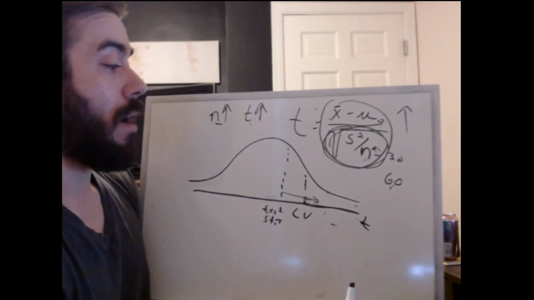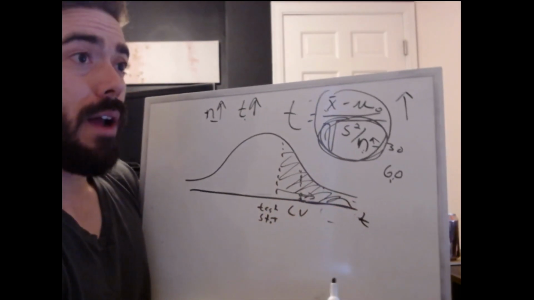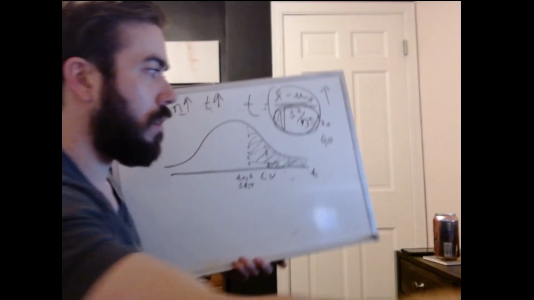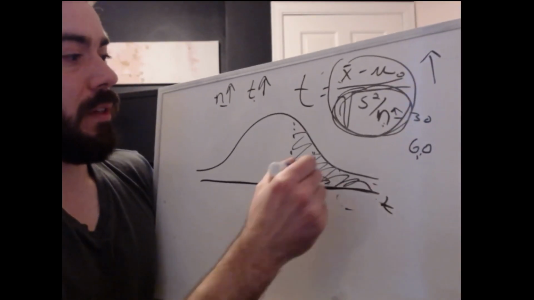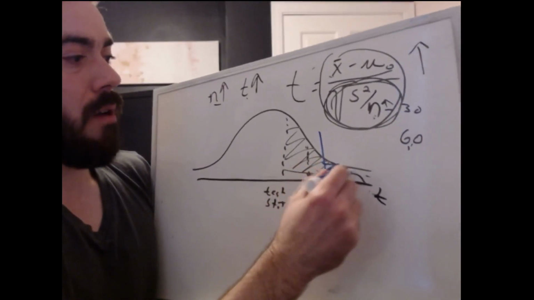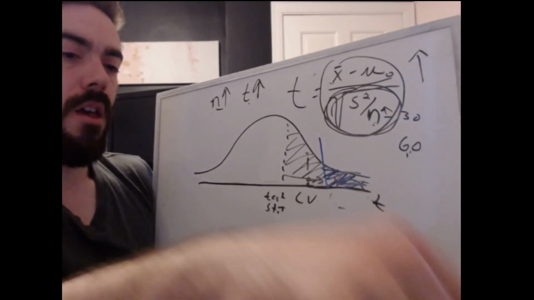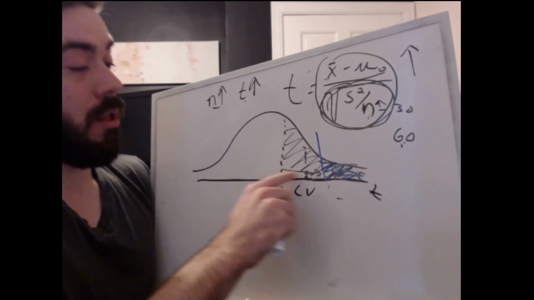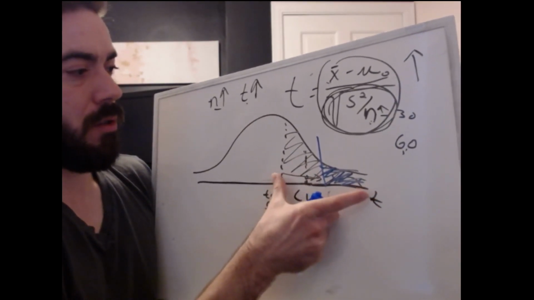And what would have to be true about the p-value? Well, remember, the p-value is the area to the right for a right-tailed test. If my test statistic is getting larger and moving to the right, potentially now my p-value is just this blue area, so my p-value is smaller. So if I take a higher sample size, my test statistic gets larger in absolute value and my p-value gets smaller.